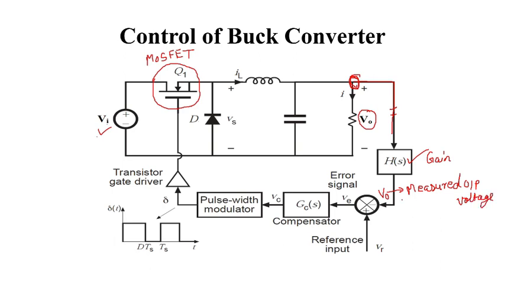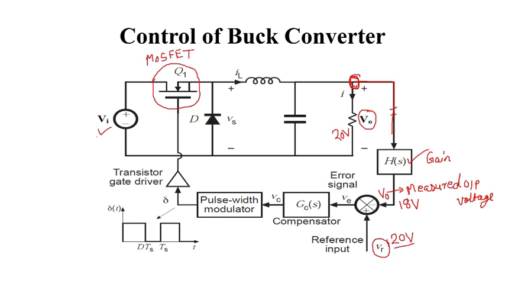We have measured the output voltage and it is compared with the reference input. This is our reference. Suppose our reference is 20 volts. I want to maintain 20 volts here. I am measuring the voltage whether it is 20 volt or not. I am getting 18 volt here, but I will try to maintain 20 volt.